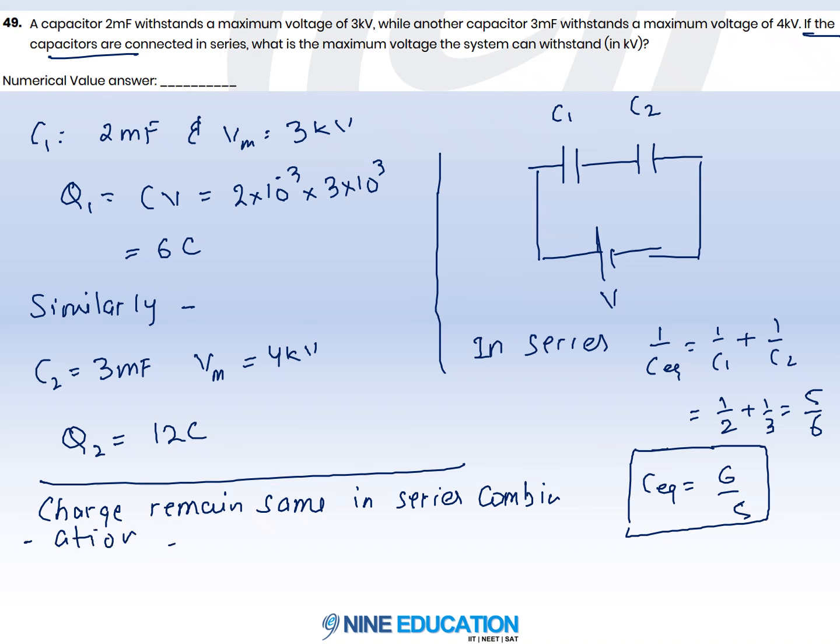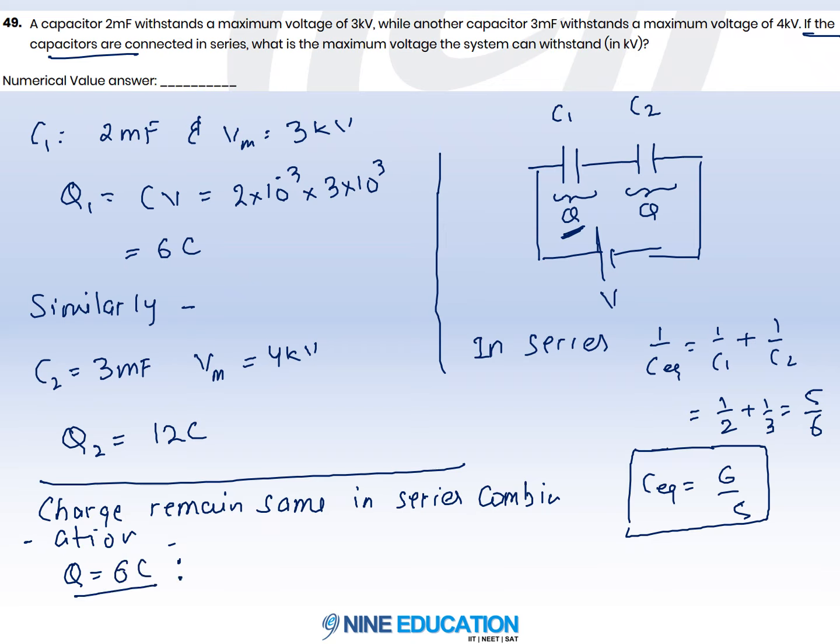So whatever charge this capacitor has, the same charge will be on this capacitor. So now the question is, what is the maximum capacity of charge of capacitor C1? Maximum capacity of this is 6 coulomb. So we can say that total charge on the system remains 6 coulomb.